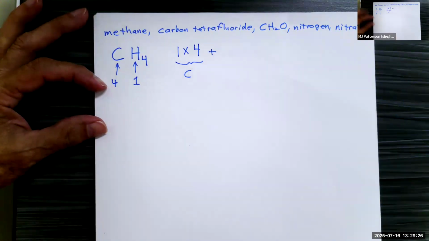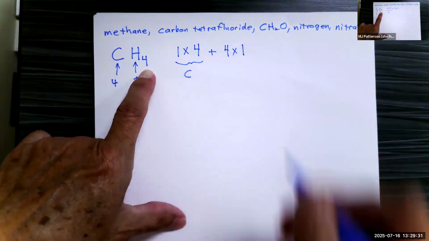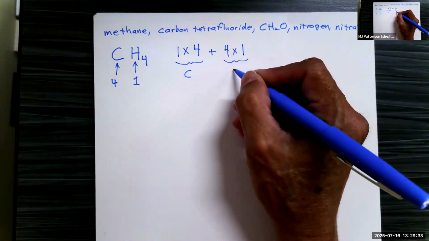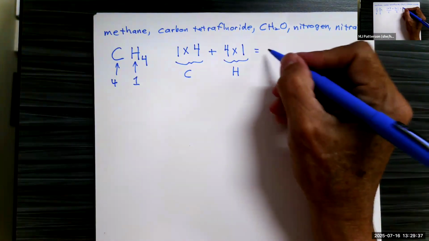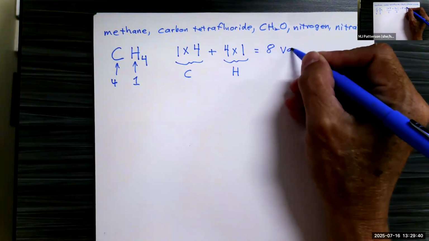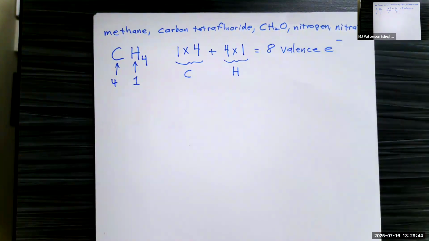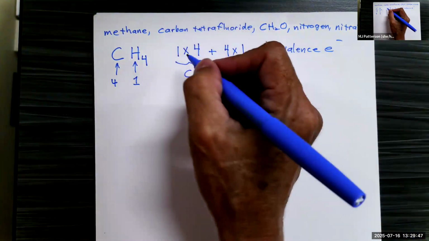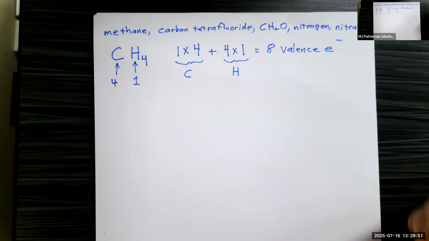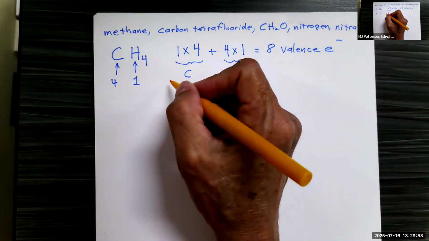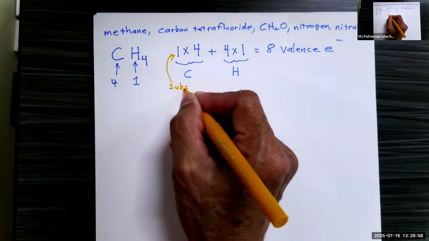And then we're going to add to that the fact that we have 4 hydrogens, and the periodic table says that each hydrogen has 1 valence electron. And so if you add all of that up, you get 8 valence electrons. First, annotate that with a different color. That first number, the 1, is the subscript.